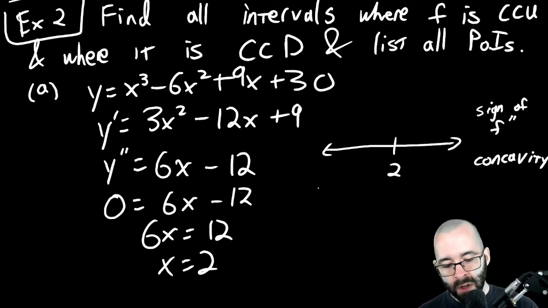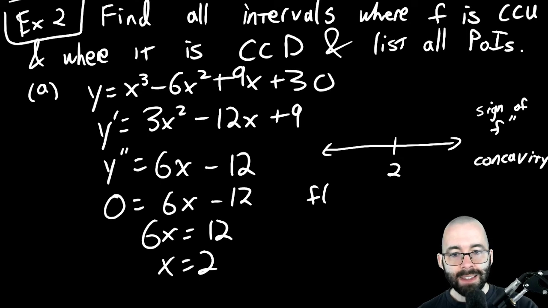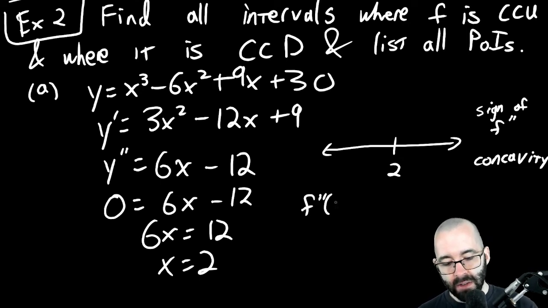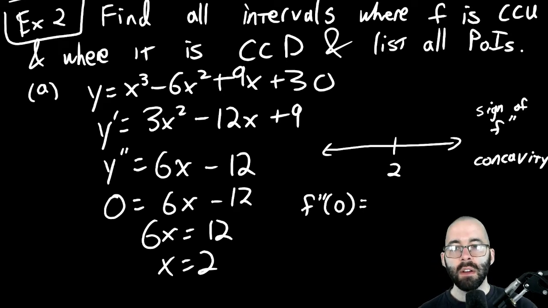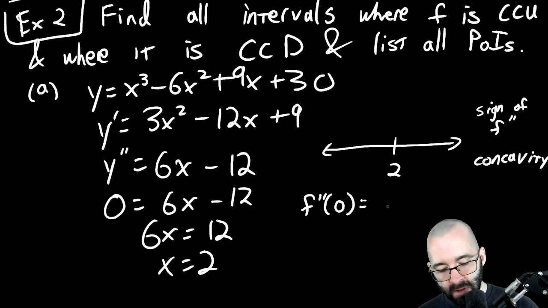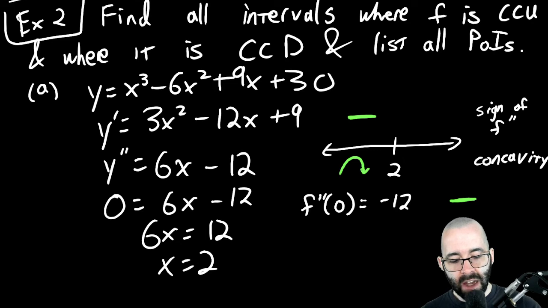So just like before, we can plug in some number to the left of 2 and see the sign of the second derivative. If we plug in 0, we get negative 12. So to the left of 2, the second derivative is negative, which means it's concave down.